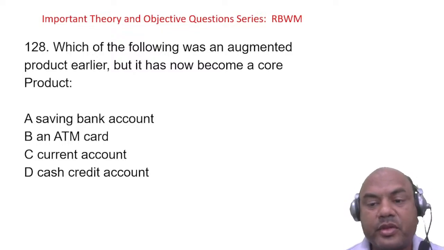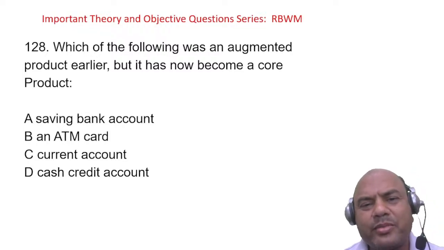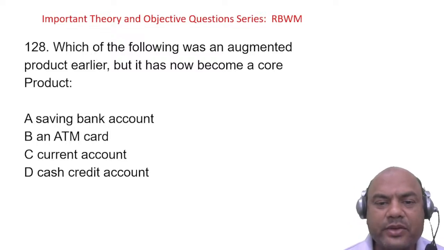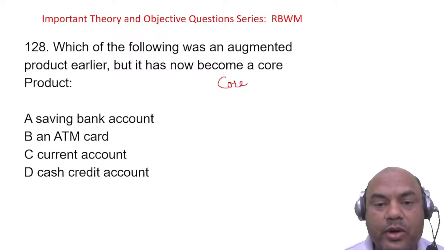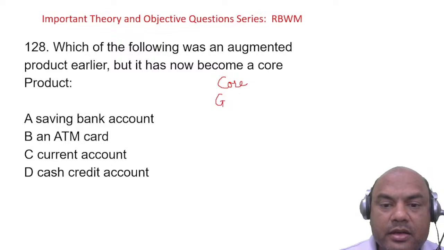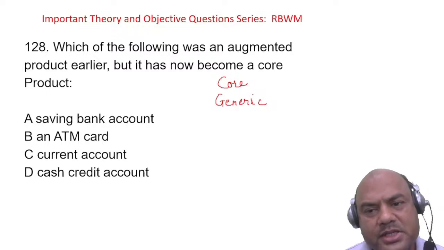We have core. In fact, we have two more in between, but we generally don't talk of it. Okay, I'll give you the sequence only. See, the sequence is like this: core, then afterwards the core product becomes generic. There is one more in between, but we generally focus on core, augmented and potential.